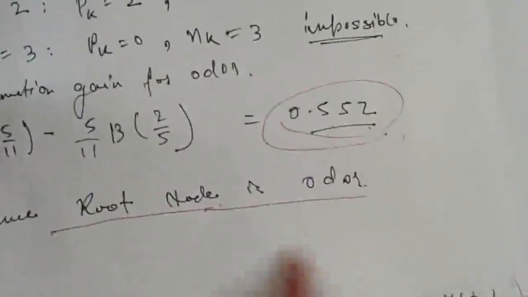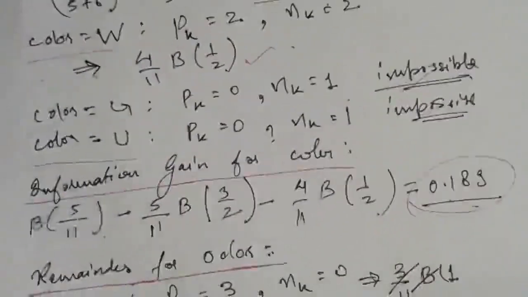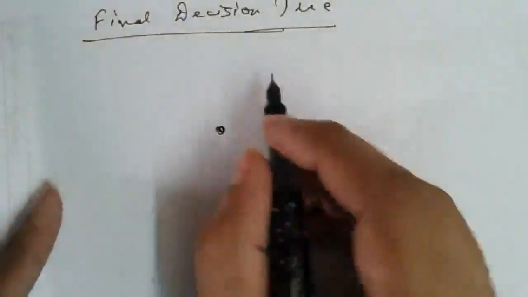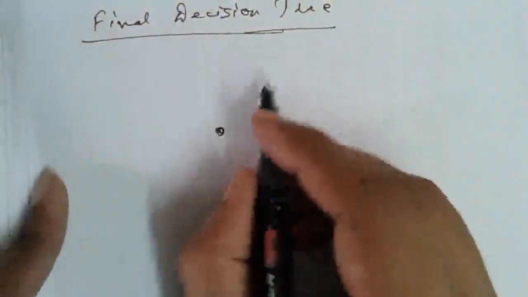So the root node is the order. So we have basically decided the root of the decision tree will be the order.